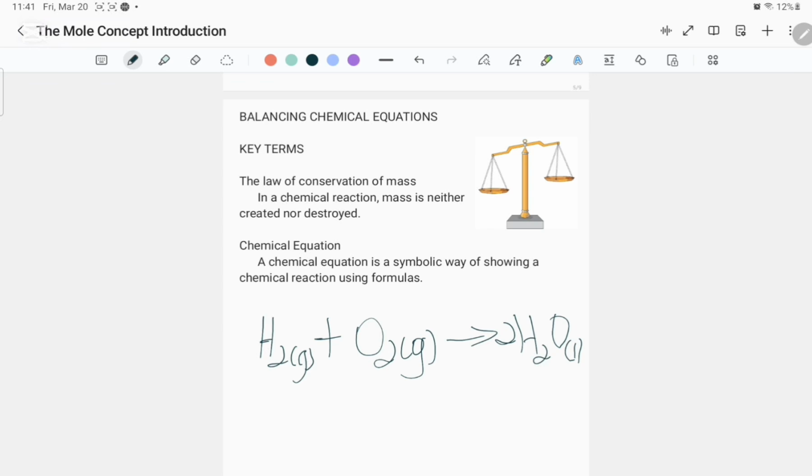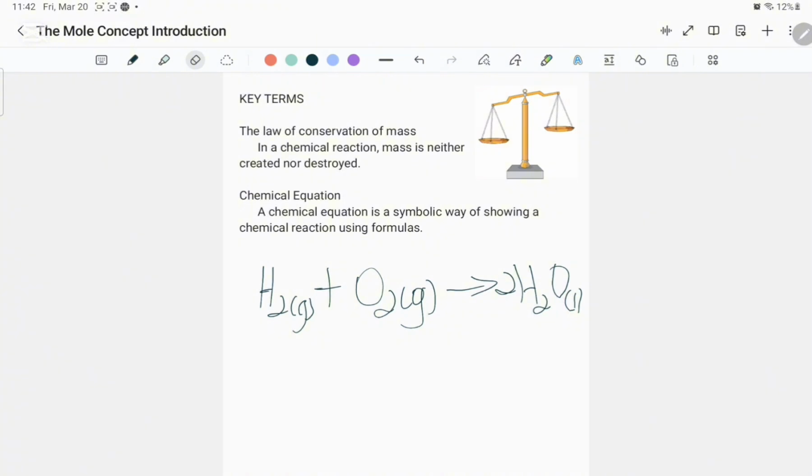This is a perfect example of a chemical equation where we use a symbolic way. We use H to represent hydrogen, O to represent oxygen, and we can see the formation of water, H2O.